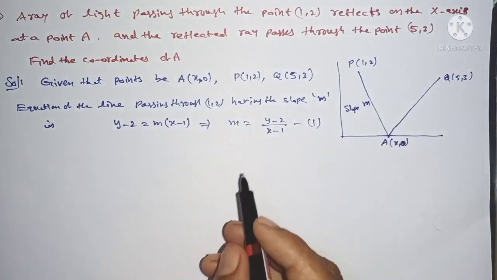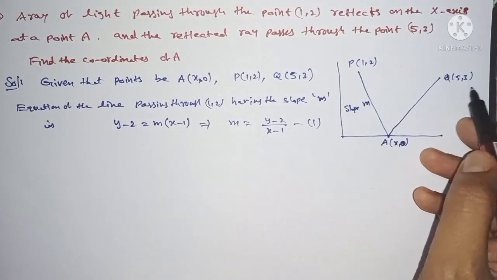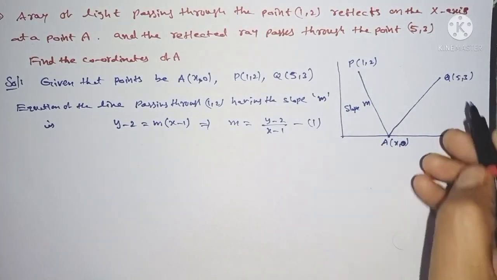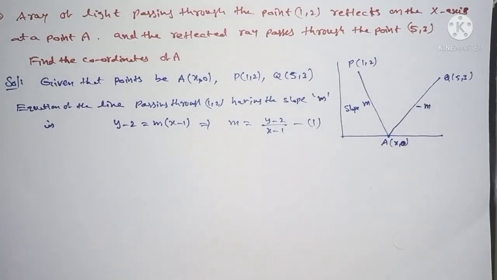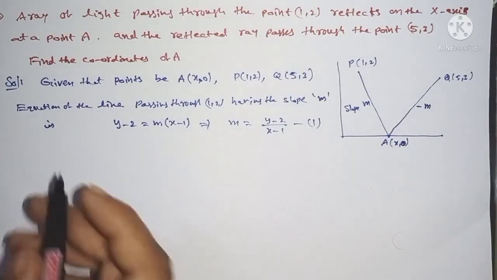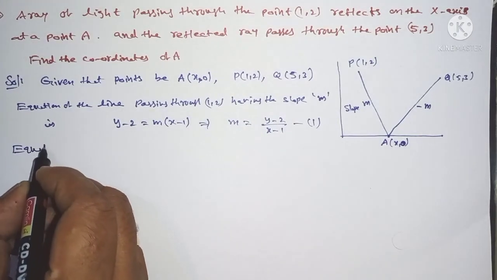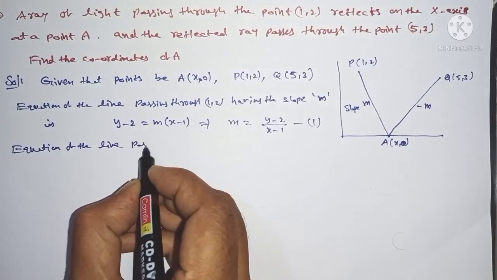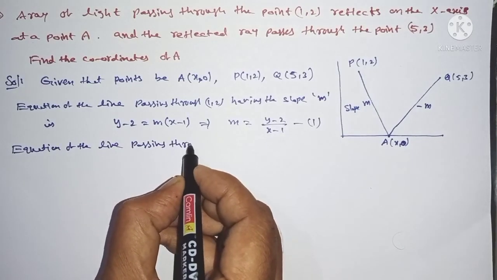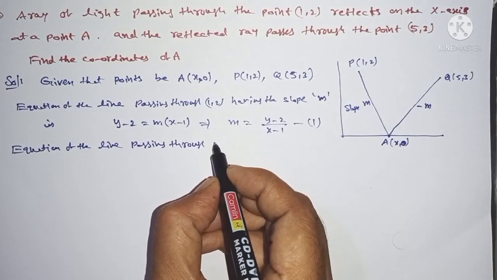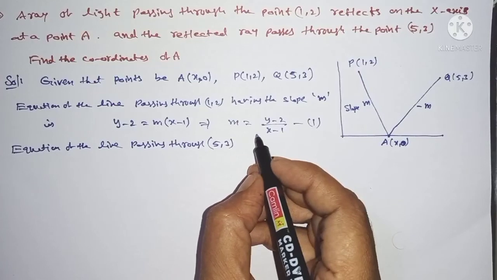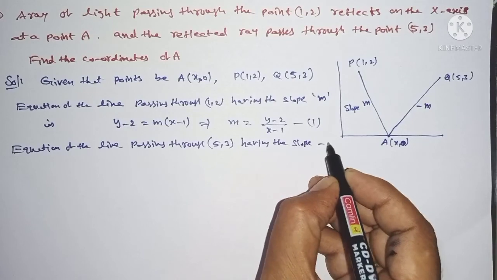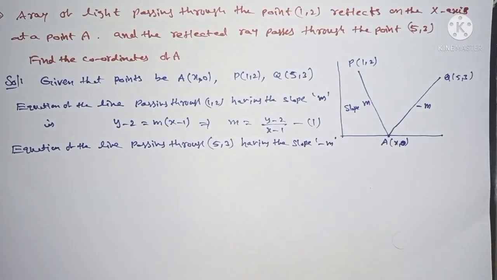Similarly, you can find the equation of the line passing through 5 comma 3. This is a reflection. Reflect means you can take the opposite, the additive inverse only. That is, I write here minus m only. So the equation of the line passing through 5, 3 having slope minus m, because reflecting means you can write the negative additive inverse.